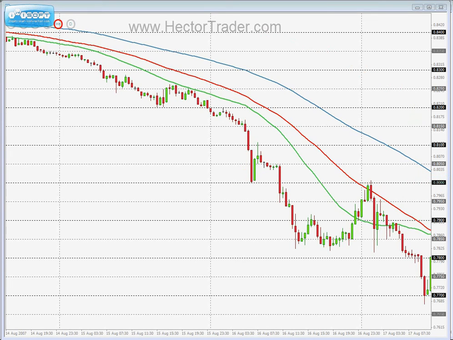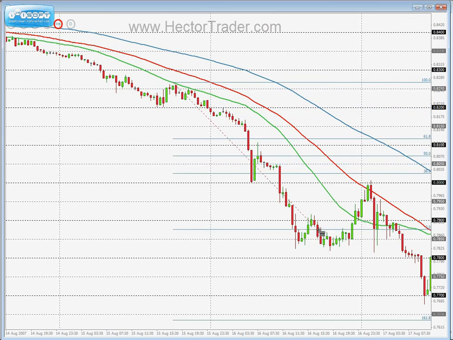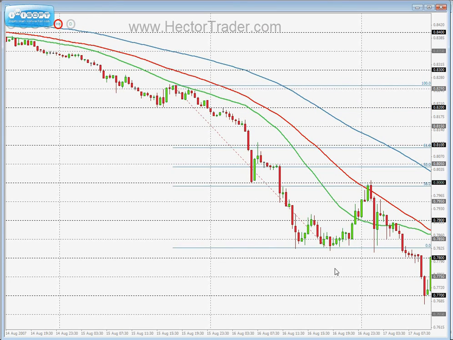That's two elements together. Now if I draw some Fibonacci's right there, I have the 38% Fibonacci around that level as well, within few pips of each other. Now that's three elements coming together within the dynamic area of support. That's four elements.